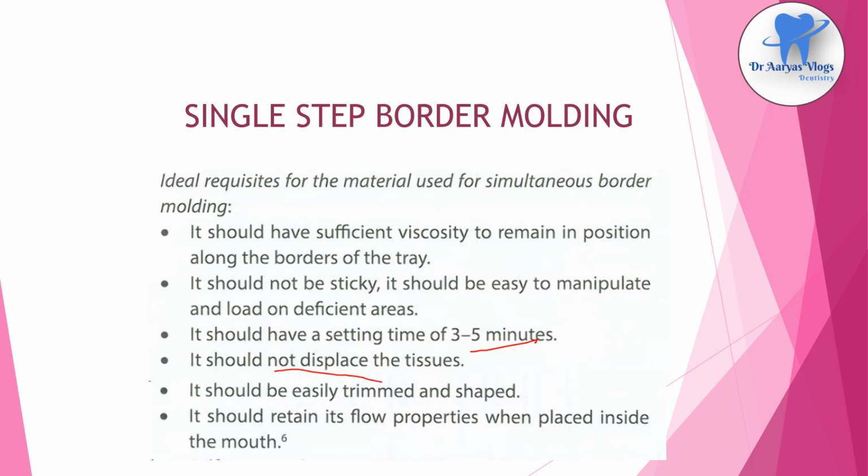It should not displace the tissues and it should be easily trimmed and shaped. It should retain its flow properties when placed inside the mouth. Sufficient viscosity is very important to remain in position along the borders of the tray. So these are the ideal requisites of a material used for a single step border mold.